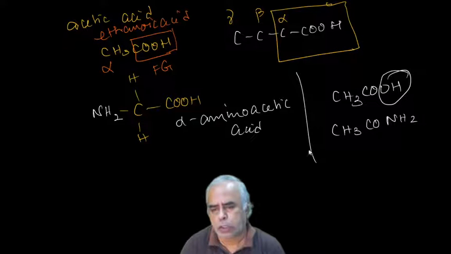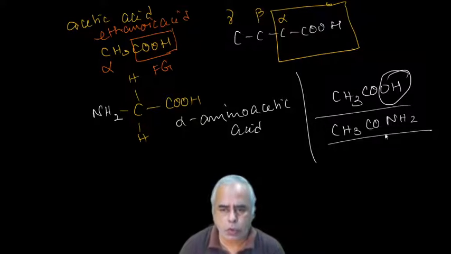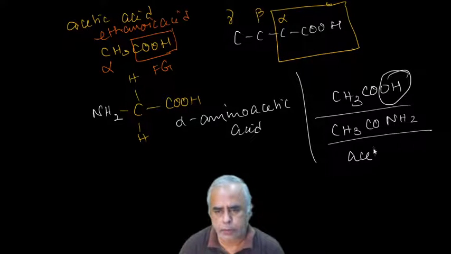So what do you call this compound? Anyone? This is not an amino acid. This is called acetamide. Take down. This is known as acetamide. So the IUPAC name is ethanamide. Do you understand?